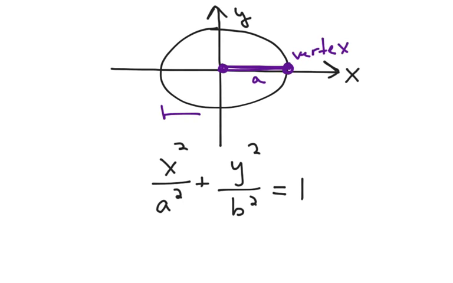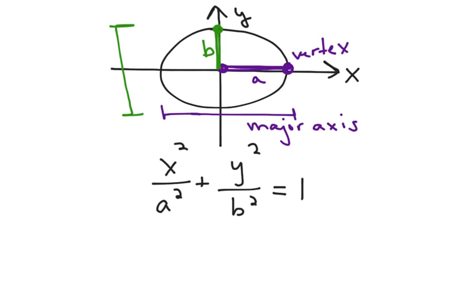and this length here, because it's longer, it's called the major axis. B will be the distance from the center to another vertex, but it'll be shorter than the other one. This here is called the minor axis because it's the shorter one.